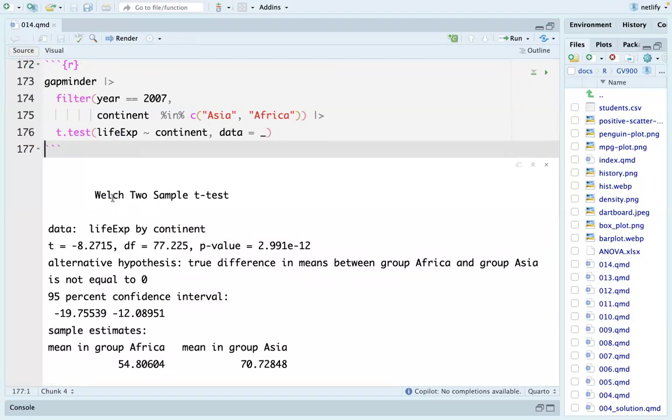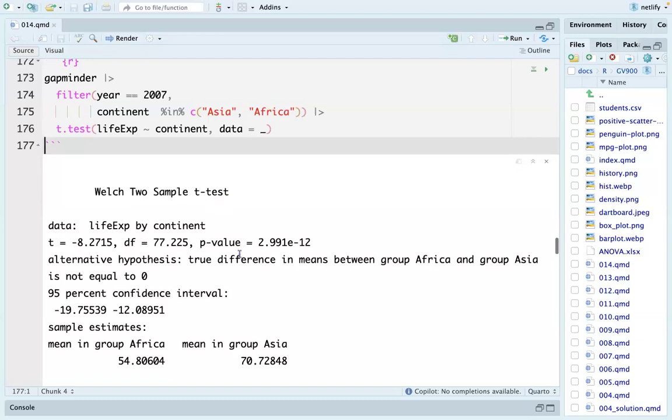This tells us it's a Welch two sample t-test, and t is much larger than just now. The degrees of freedom is 77, and the p-value is 2.9 to the power of minus 12. So it's close to 0.